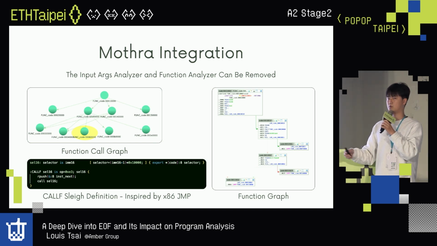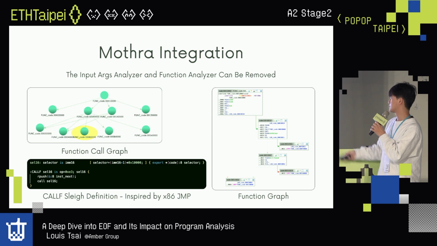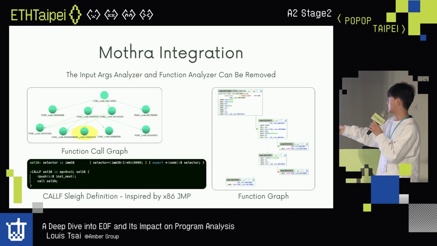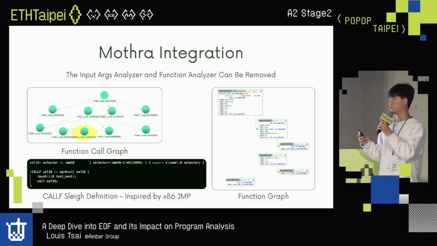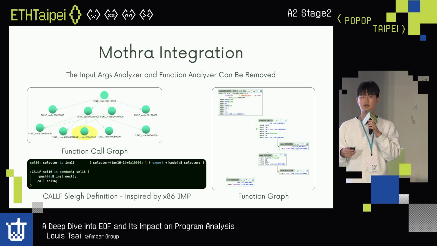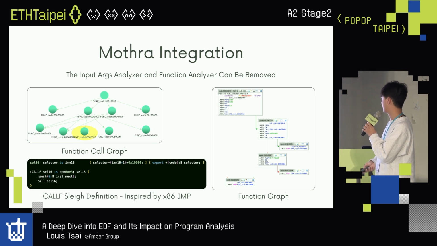And after all the work, this is the final result for the function call graph in Mosra. It is impossible for us to reconstruct this concise graph in a legacy EVM contract because the program analysis was very difficult. But with the features in EOF, it becomes much easier. And this is a very beautiful control flow analysis graph in each function.